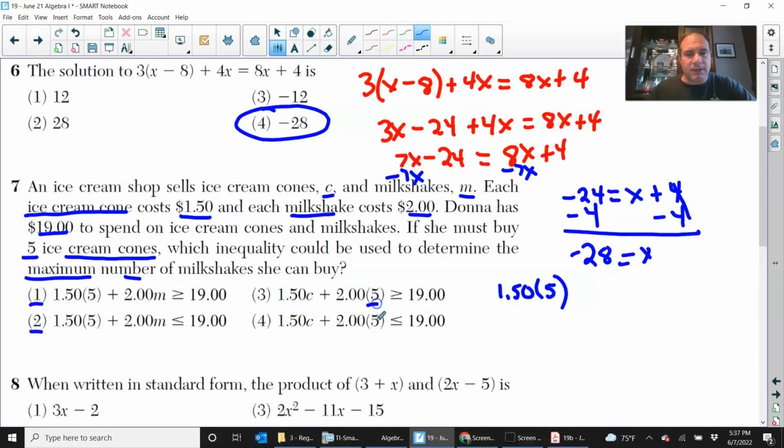And then this one and this one, she bought 5 milkshakes. Those are out. Now she only had $19 to spend, so she doesn't have greater than 19. She has less than or equal to 19. The only one that says that is this, so 2 is your answer.